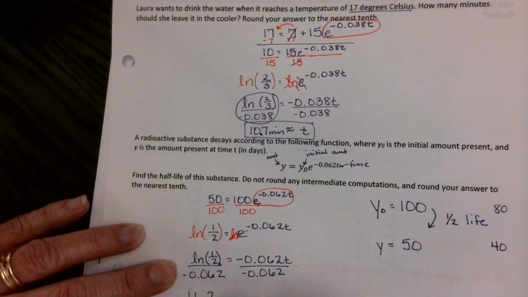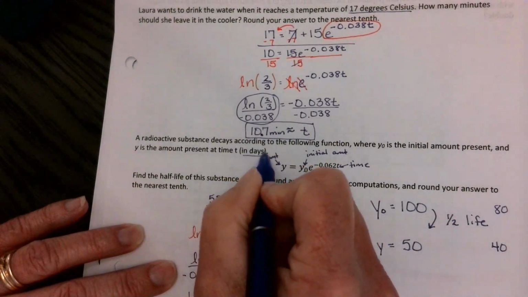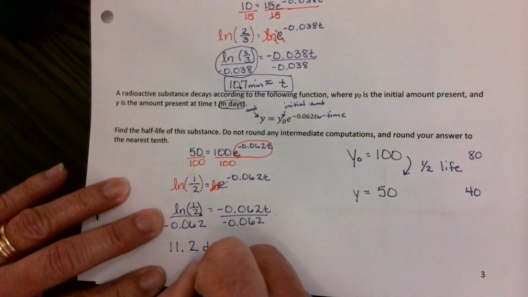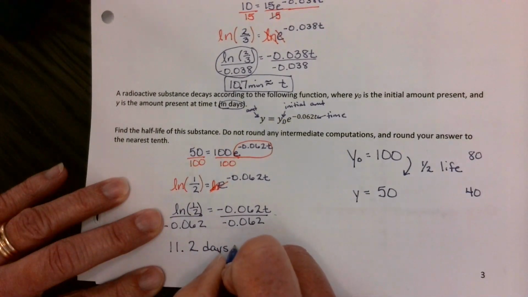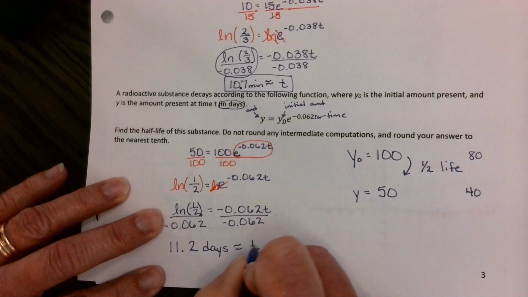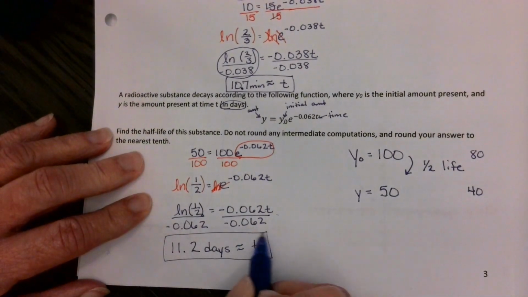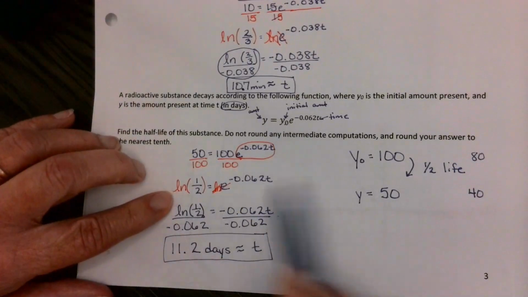And our time was in days. So it's 11.2 days. T is approximately that. It's not too hard, you just got to remember this step.